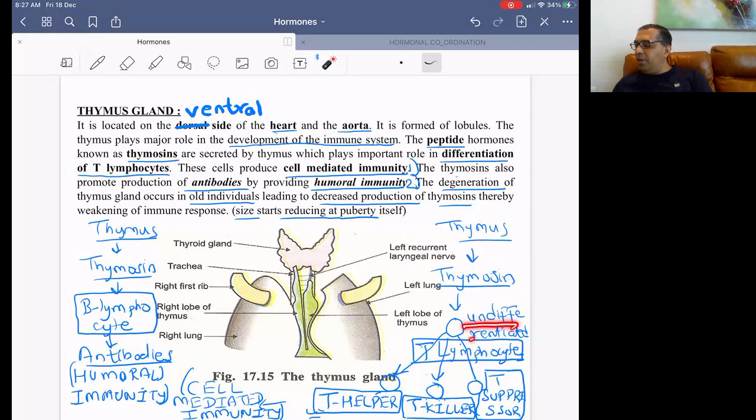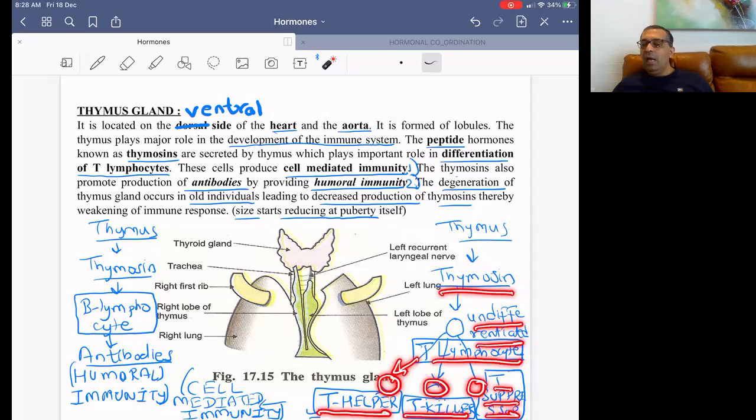So undifferentiated T lymphocytes will become differentiated to become mature lymphocytes, namely T helper lymphocytes, T killer lymphocytes, T suppressor lymphocytes. So these are mature lymphocytes. Thymosin converts undifferentiated T lymphocytes into T helper, T killer, T suppressor. You will study this in the immune system.